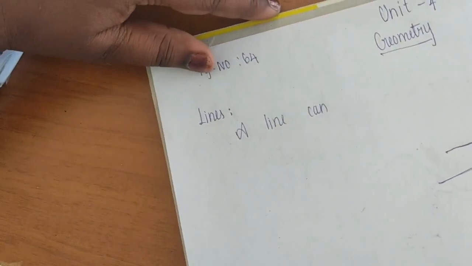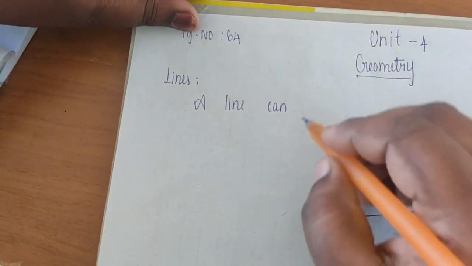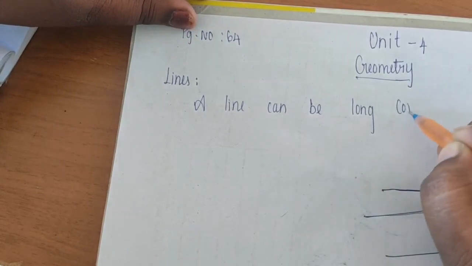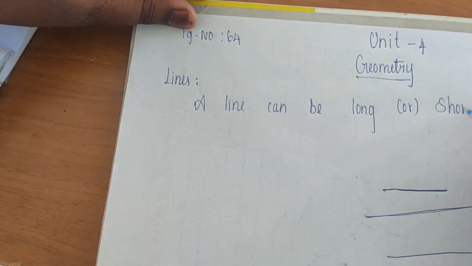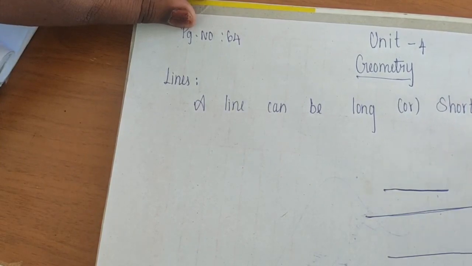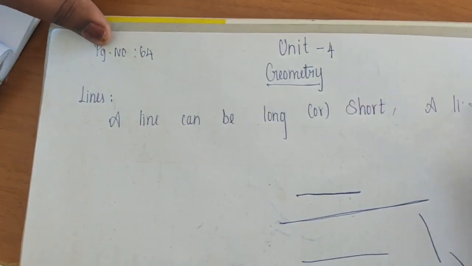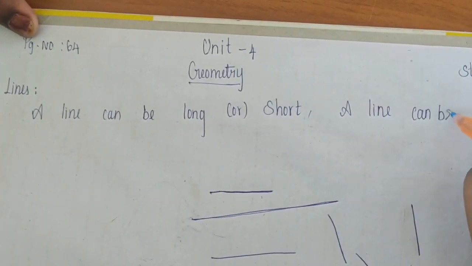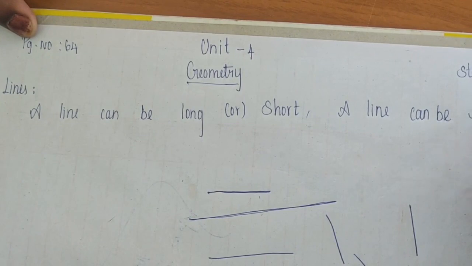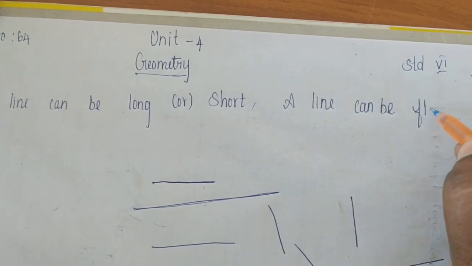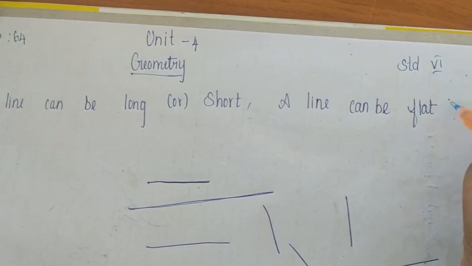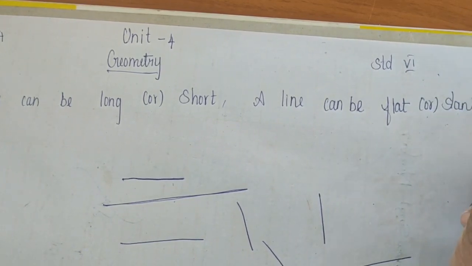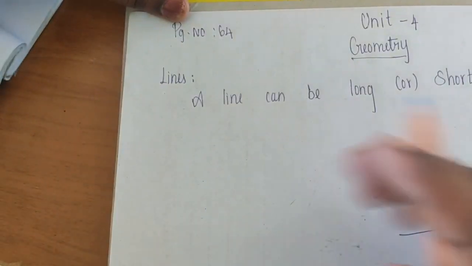A line can be long or short. A line can be flat. A line can be flat or slant or vertical.